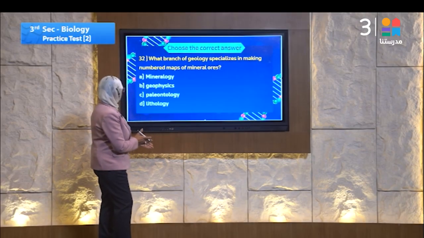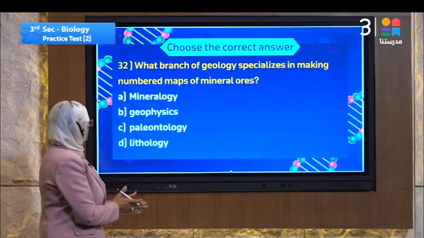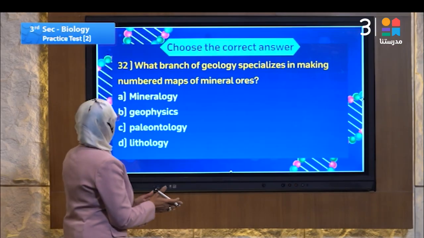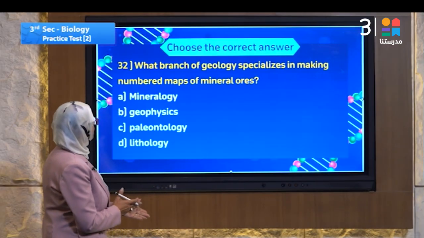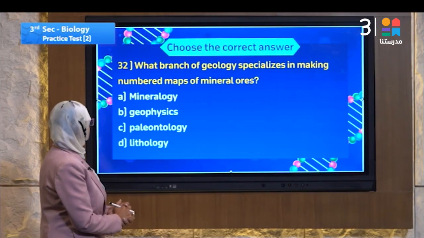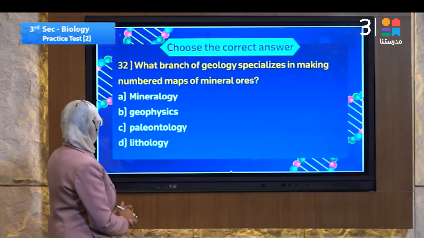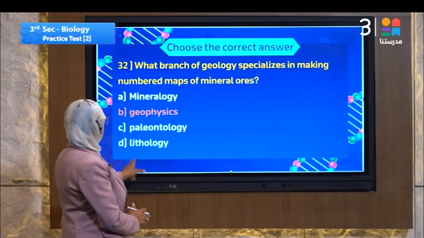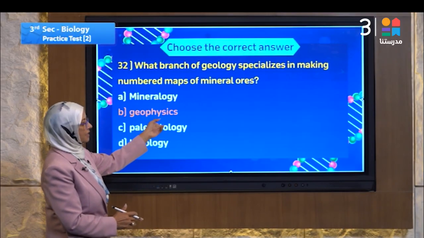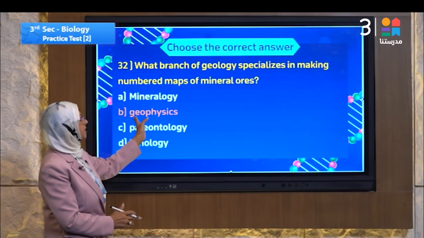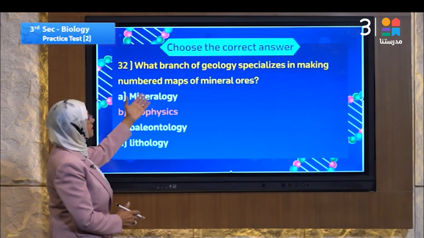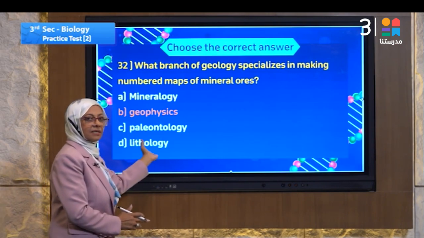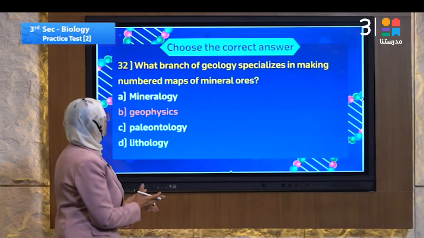D, lithology. We find the maps specialized in mapping mineral ores. It's not paleontology, it's not lithology, but geophysics. Geophysics speaks about minerals, finding ores and making maps, to find what minerals are found.